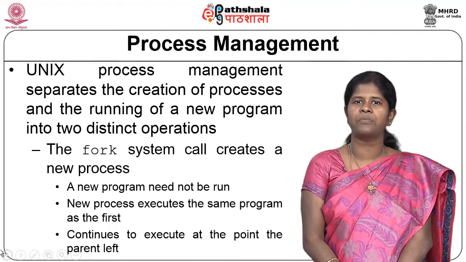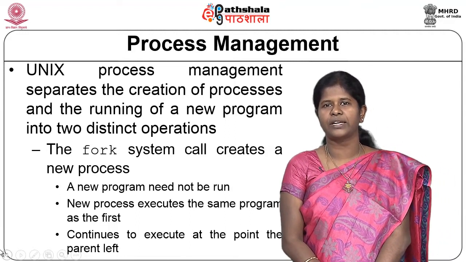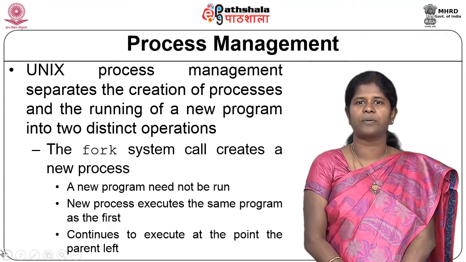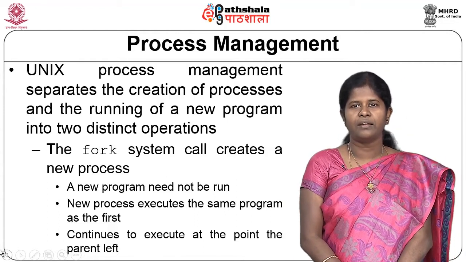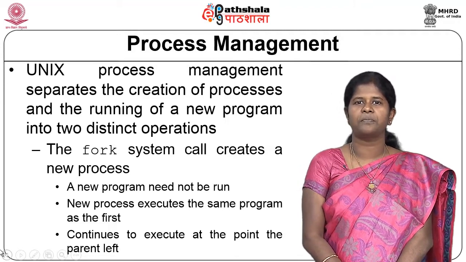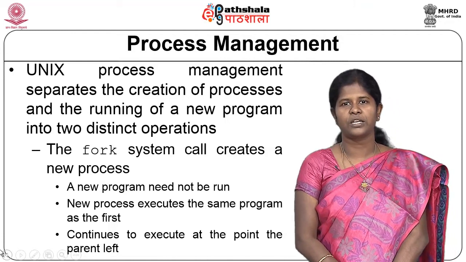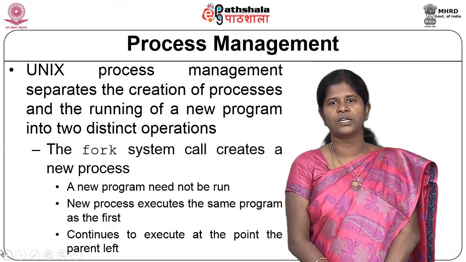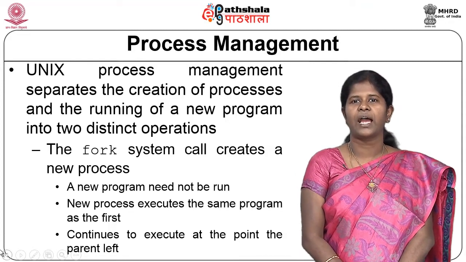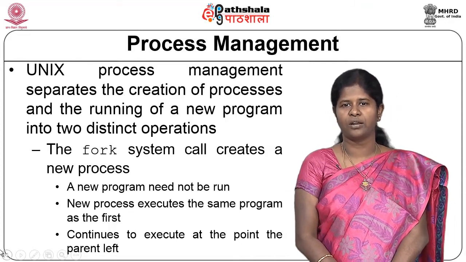The same program can be run by the newly created process. Say the parent was executing a particular instruction, then from where it left off, the next instruction will be executed by the newly created process. So, the newly created process will start executing from the next instruction where the parent process was executing at the time of creation of this particular process.